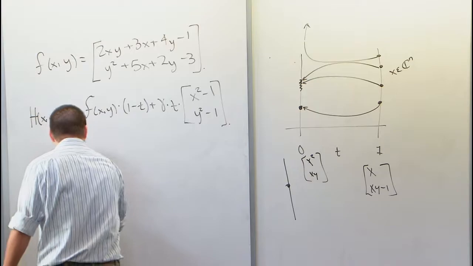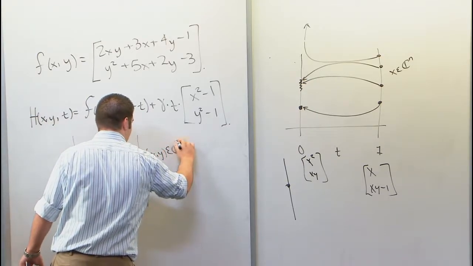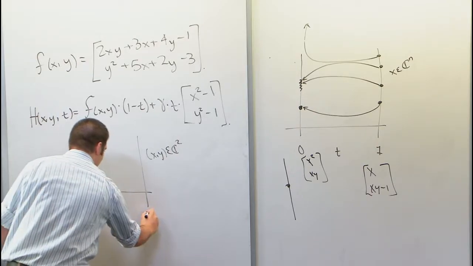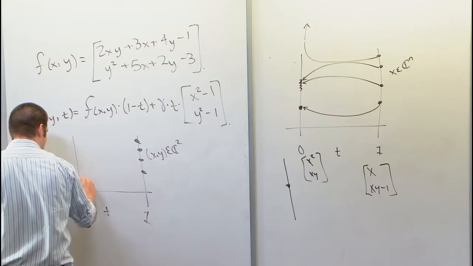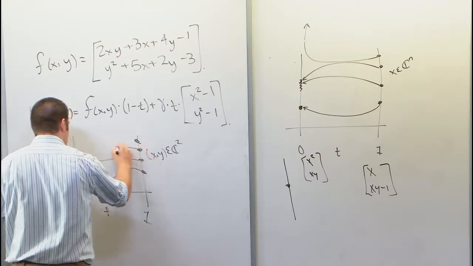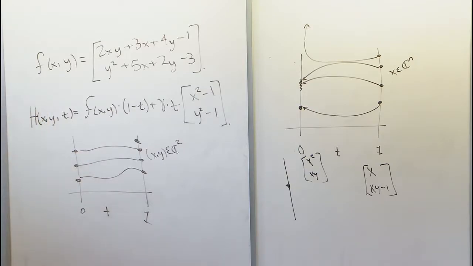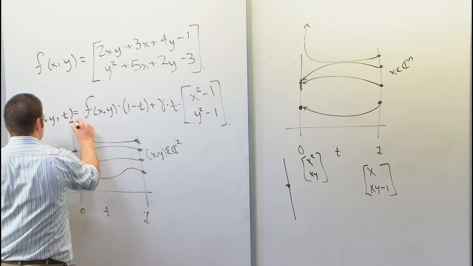If you think of (x,y) in C2 in this direction and t between 0 and 1, over here I have 4 points, and over here I have 3 points. I know that 3 of the 4 paths have to converge smoothly to those 3 points, and the other one has to diverge to infinity.